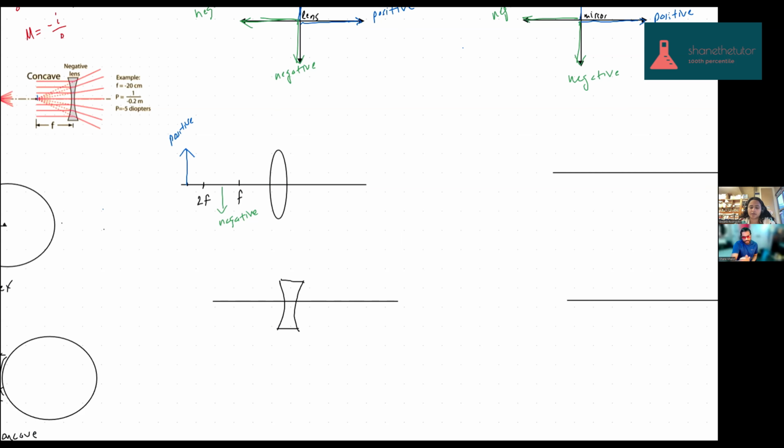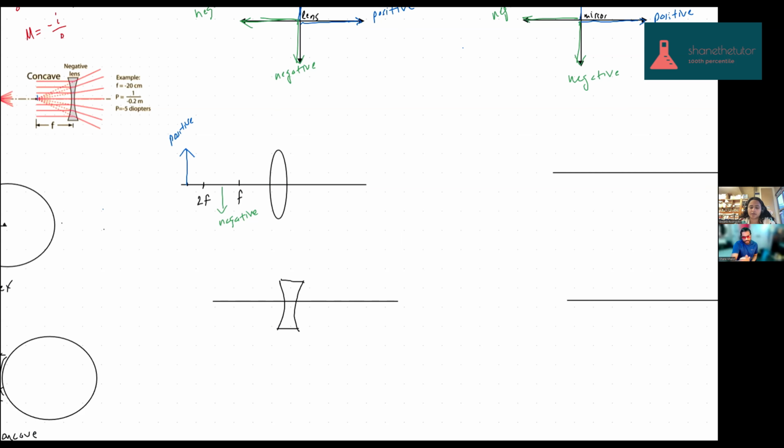But for mirrors, we only need to concern ourselves with the leftmost part of that shape. So if it's convex, it will just be like this. And if it's concave, it'll just be like that.